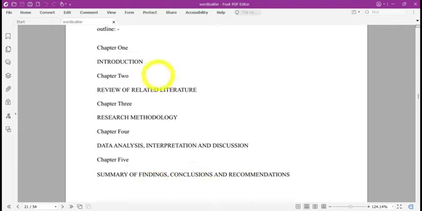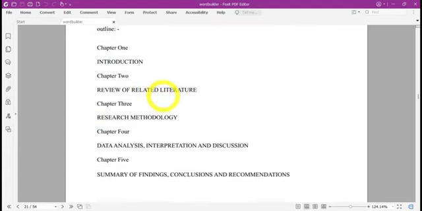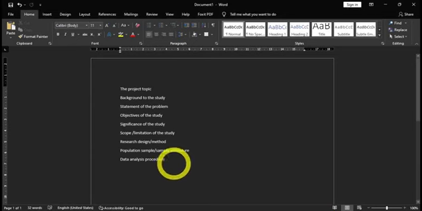So this is what we have, five main chapters of your project: introduction, literature review, methodology, data analysis and interpretation, discussion, and then the summary of findings. Okay, let's look at them. Introduction.